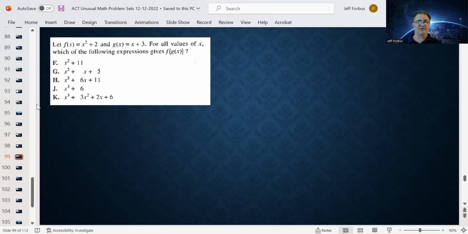So we have two functions, and it wants to know f of g of x. We know f of x is equal to x squared plus 2, and we know g of x is equal to x plus 3. Now we want f of g of x.